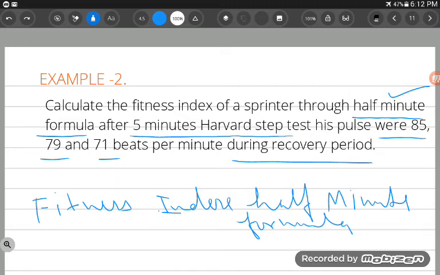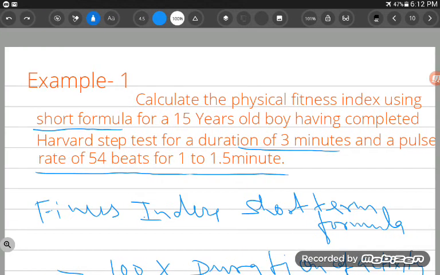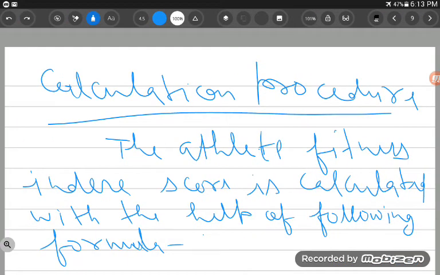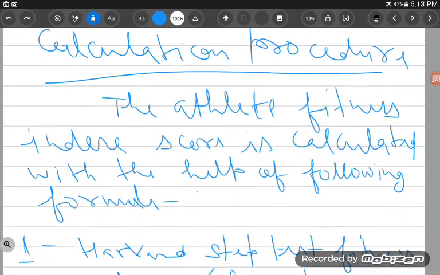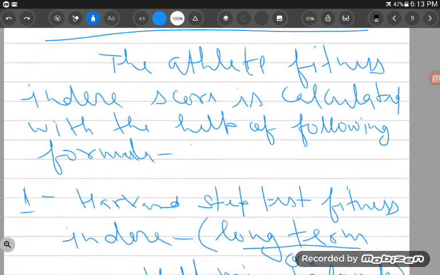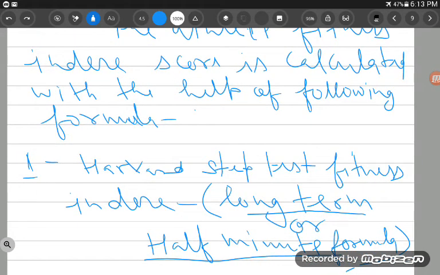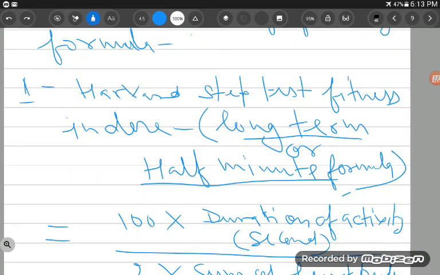I have written it on page number 9. Both formulas I have written here. Due to the space, I have written the second formula in very small letters.